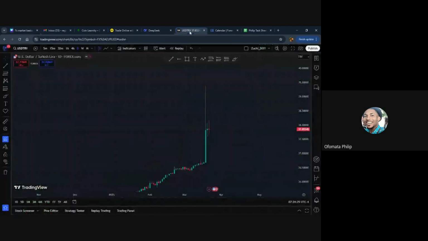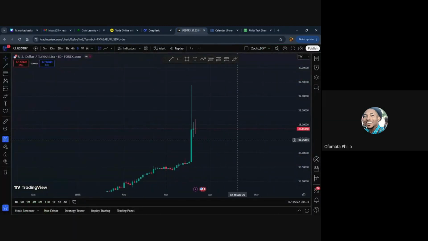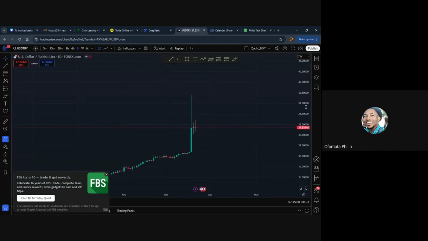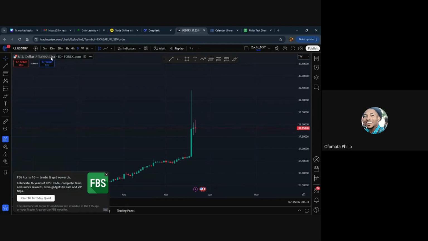So going back to this particular chart where we have USD Turkish lira. What you are seeing over here is actually the quote price. It is the price of this second symbol you are seeing here, the Turkish lira. That is what is displaying here.